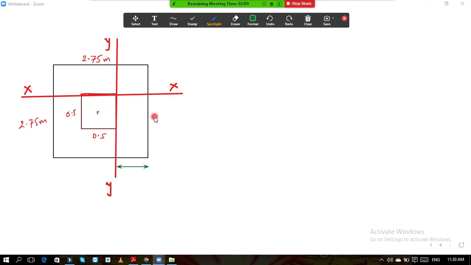So from this distance, if you subtract this one, then you will get this remaining. So the distance is 2.75 by 2 minus 0.5 by 2. So it is 1.125 meter, which we have already calculated. Similarly, on this side also, this distance is 1.125 meter.